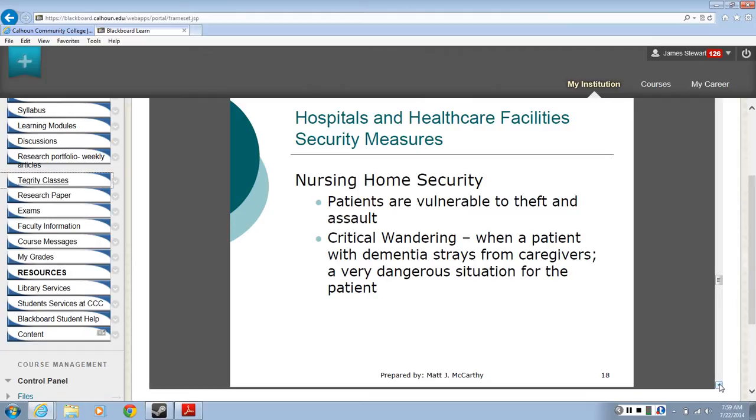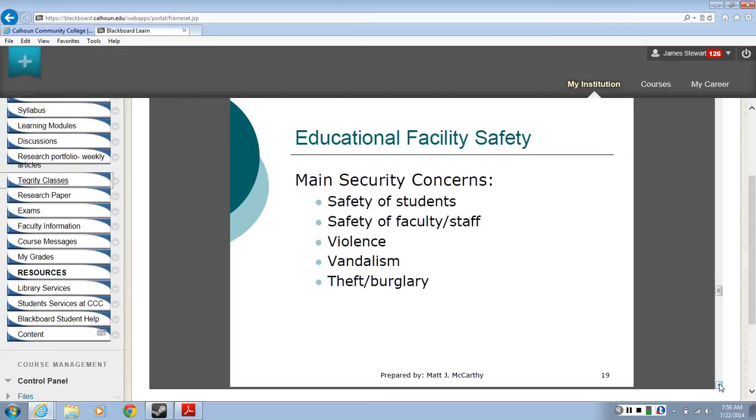So you just have to understand and look at institutions and figure out what the specific issues are related to those institutions, and then come up with policy, procedure, and plans, and practice them all so that the facility is secure. Same way with schools.